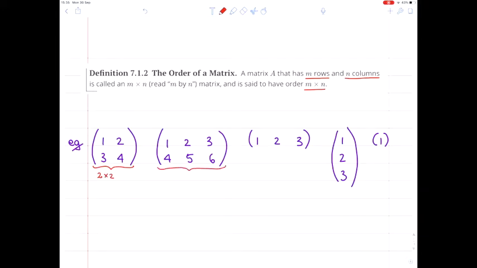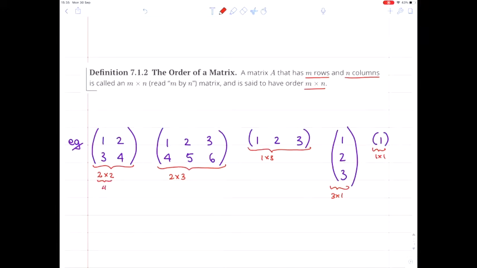This one over here, 2 rows and 3 columns, so it's a 2 by 3 matrix. This is a 1 by 3 matrix, a 3 by 1, and a 1 by 1. And notice that if you multiply the 2 by 2, you get 4, which tells you how many elements there are in the matrix. If you did 2 times 3, you get 6, which is the number of elements. So that's the definition that we need there. The order of a matrix gives you the size of the matrix.